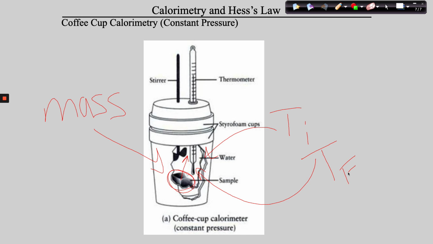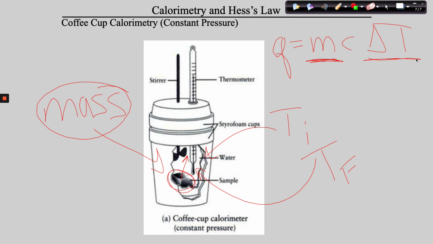It will go up. And then look at what we can do. Q is equal to m C delta T. This is the mass of the water. This is the temperature change of the water, and we know C, 4.18 joules per gram per Celsius degree.